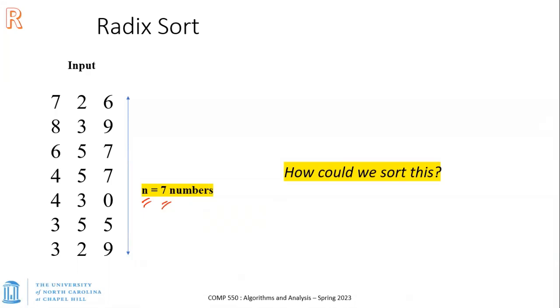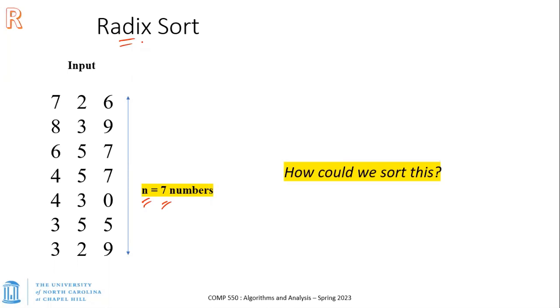So you have a relatively small number of numbers, and now we want to convert this into something that utilizes counting sort. Counting sort is based on the fact that k is of the same order as n. So how could we convert this problem into one in which k is now relatively small? The term radix should give you a hint, because radix means base.